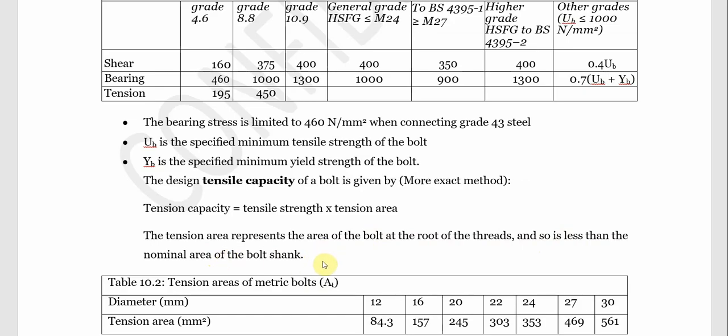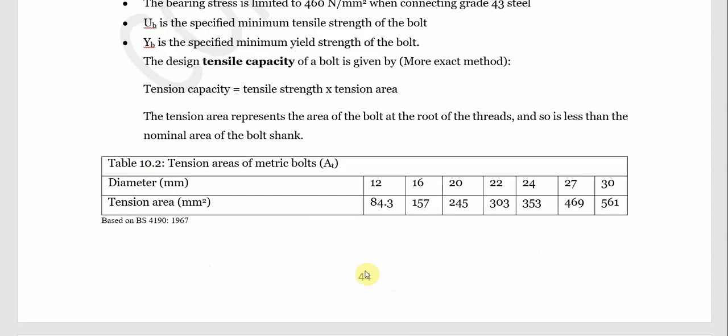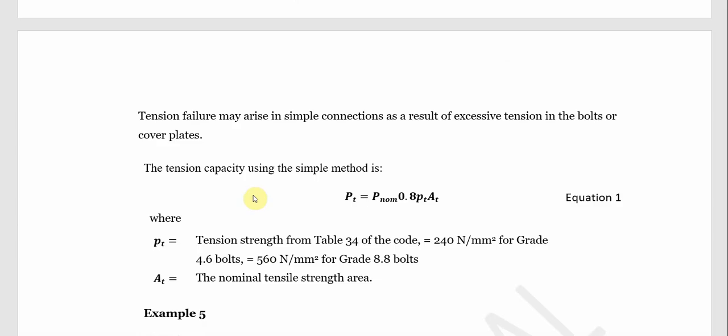Now let us look at an example. If we have a 12 mm bolt, which is 12 mm bolt diameter, the tension area is 84.3. If we have a 20 mm bolt, the tension area is 248 millimeters square. Tension failure may arise in simple connection as a result of excessive tension in the bolt or cover plate.